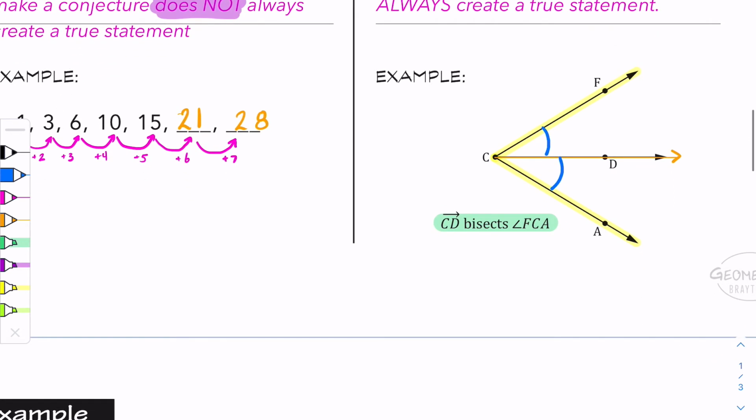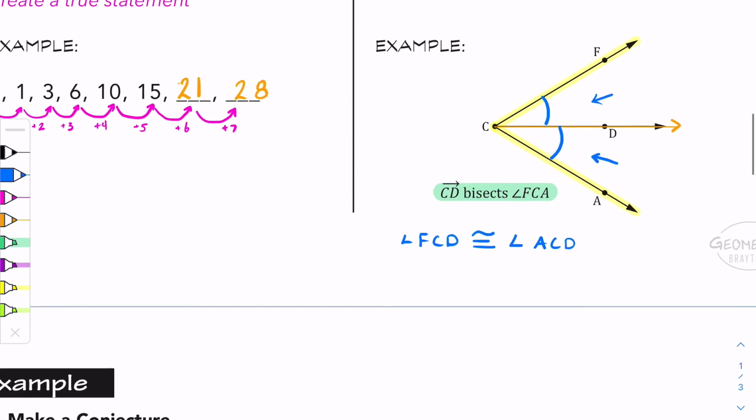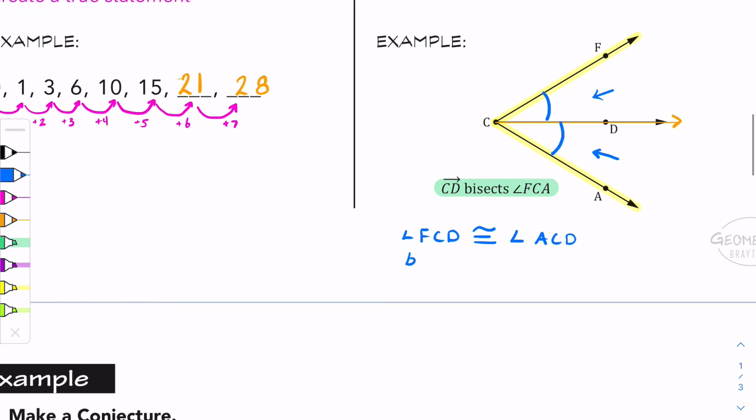If I come up with a conjecture or a conclusion, I can say that angle FCD is congruent to angle ACD, these two angles here, by the definition of an angle bisector.